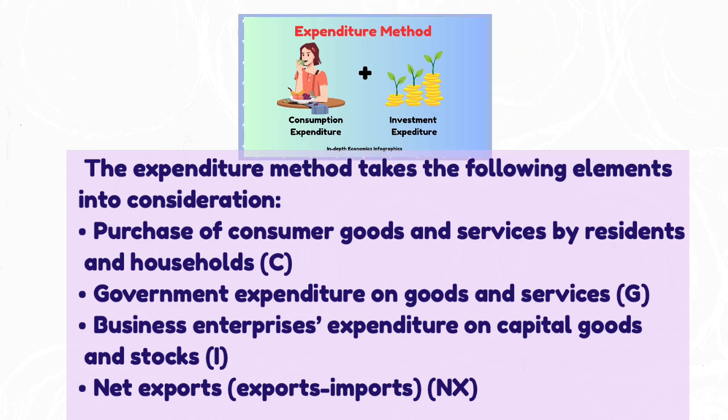The expenditure method takes the following elements into consideration: purchase of consumer goods and services by residents and households, denoted by capital C; government expenditure on goods and services, denoted by capital G; business enterprises' expenditure on capital goods and stocks, denoted as capital I; and net exports, which is nothing but the value of exports minus imports, and this is denoted by capital NX.